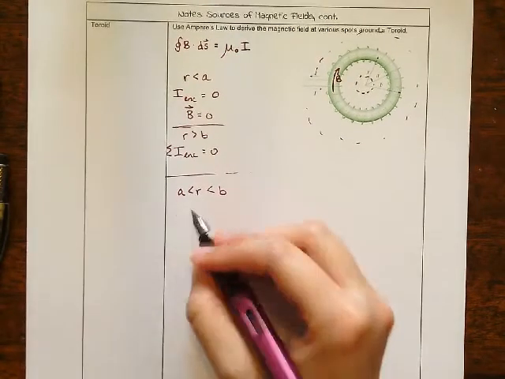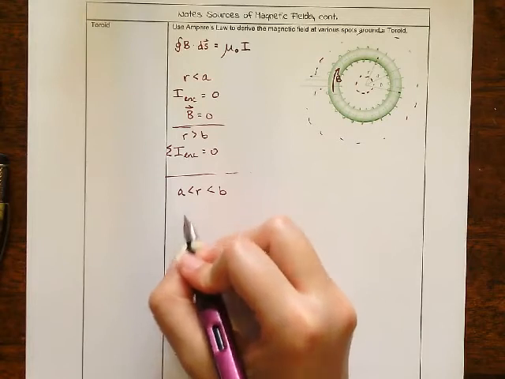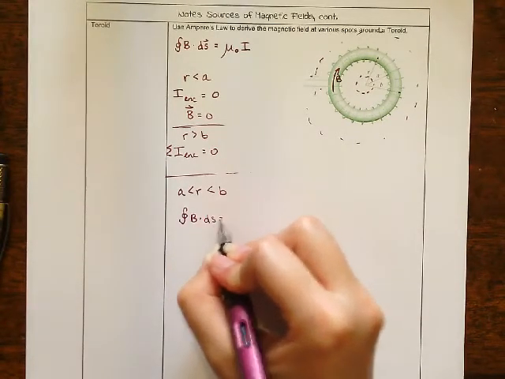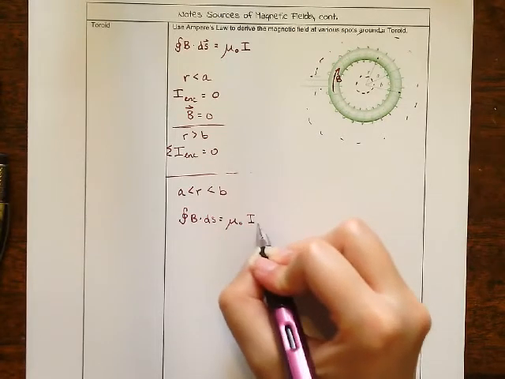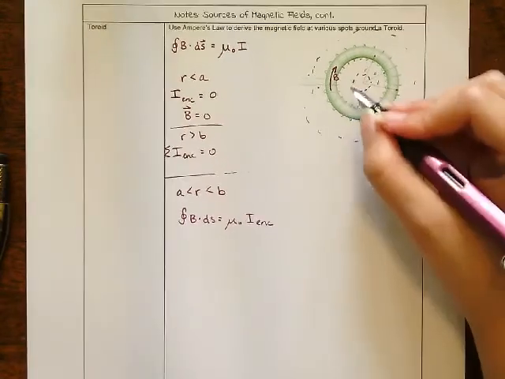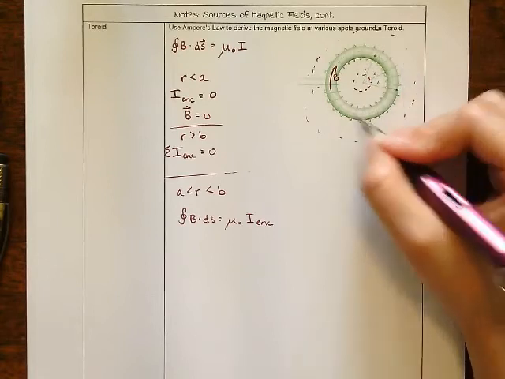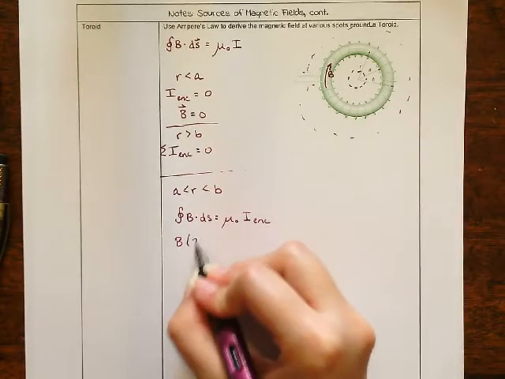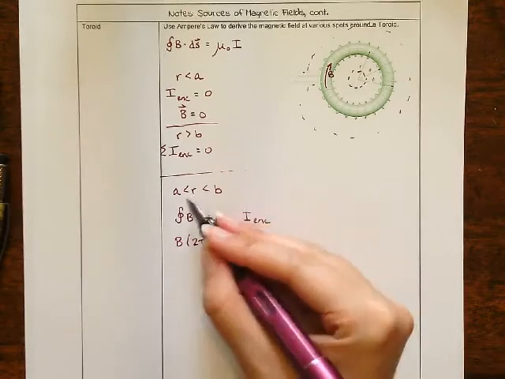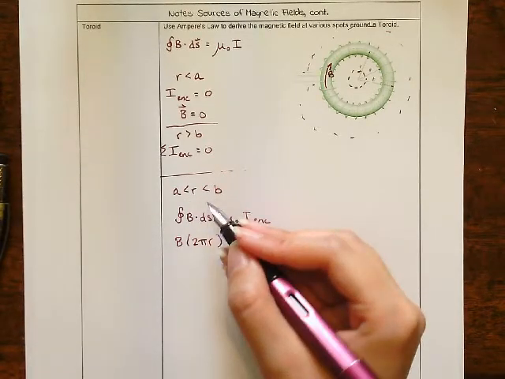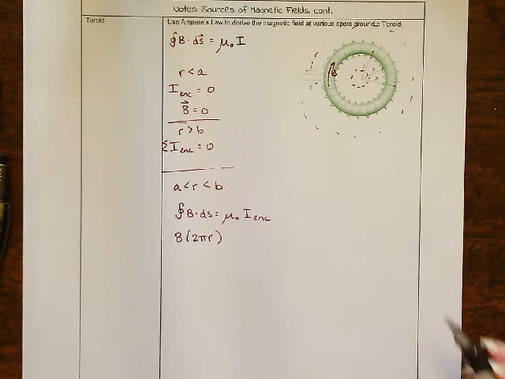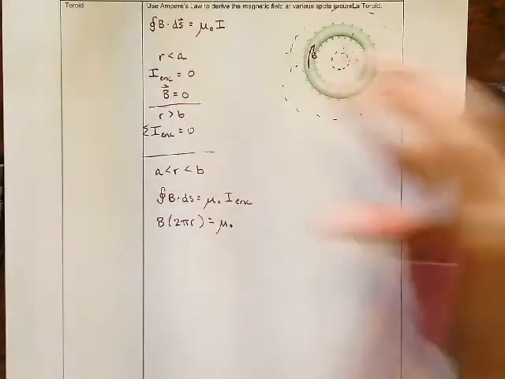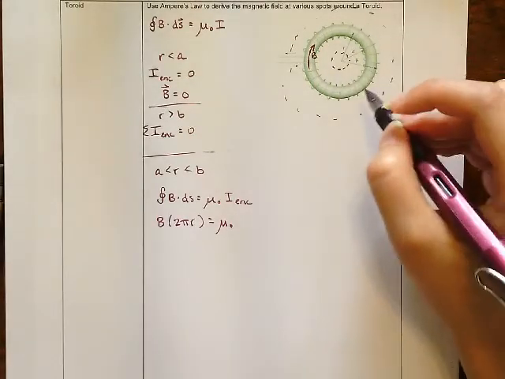To figure out the strength of this magnetic field, the circumference of my Amperian loop here is 2 pi r, where r is in between the inner radius a and the outer radius b. And that's equal to our permeability constant times our I enclosed, just like before. I could count up how many loops this is.